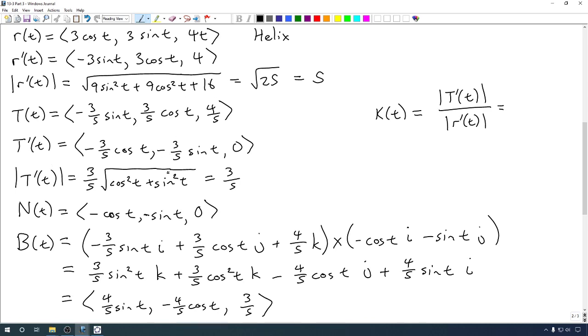The magnitude of T prime was 3/5. Our magnitude of r prime is 5. So our curvature is, in fact, a constant value of 3/25 in this particular case. And the important thing about that here is if we take this number and we flip it upside down, so 25 over 3, that particular number is going to be something that we can see in our curve.